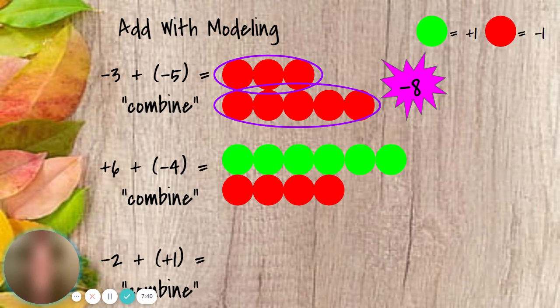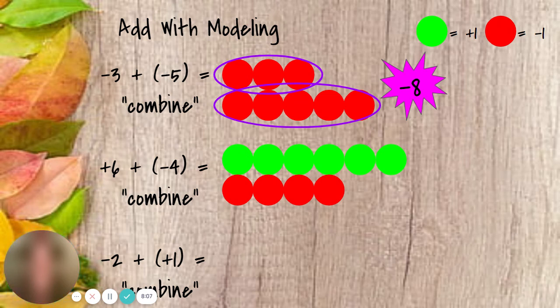I'm going to combine them, but instead of just combining them, because I'm using models, I can actually cancel out negatives and positives. Remember back when we were talking about integers, we said a negative always has an opposite of a positive and a positive always has an opposite of a negative. Well, you can cancel them out.